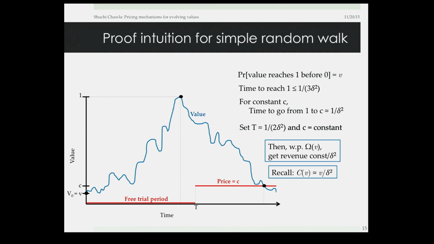Okay, so we're trying to capture revenue from this really short interval, the high value to down to the price. And this is a short interval, and where this interval begins has a large variance. Okay, so it's really tricky to set a length for this free trial period in just the right way so that we capture the revenue from that short interval.